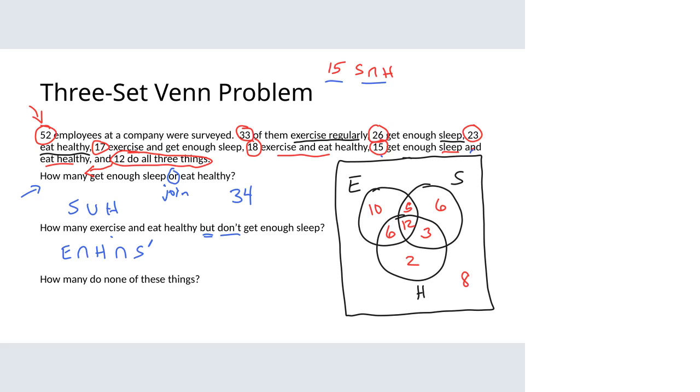I'll walk us through the last one. How many do none of these things? Well, how many do none? That's just the 8 people out there. And you could write that as they don't exercise and they don't get enough sleep and they don't eat healthy.